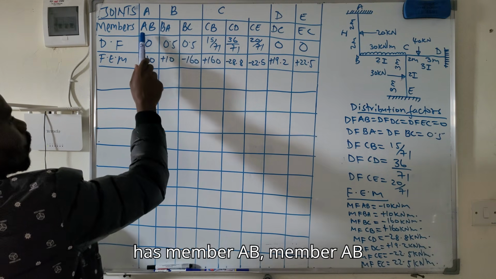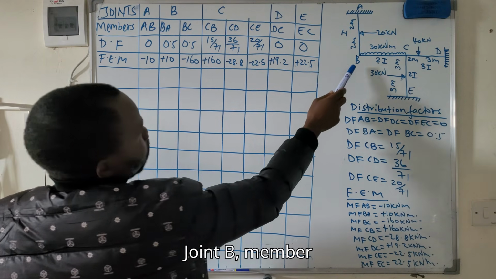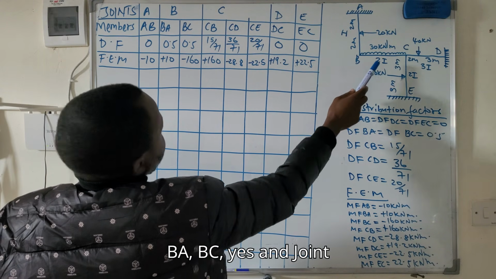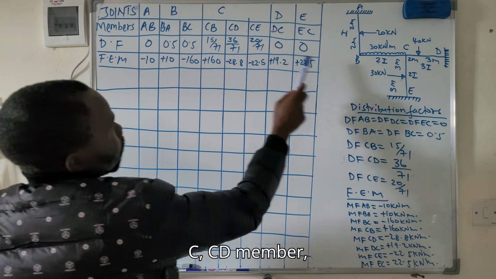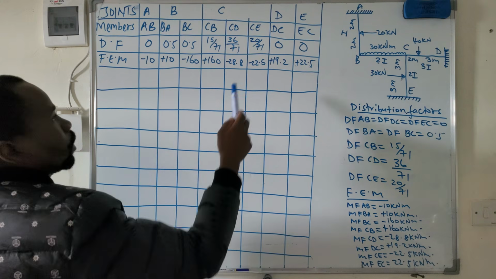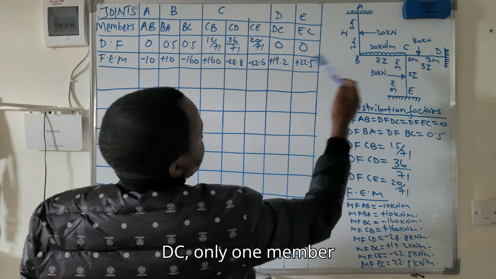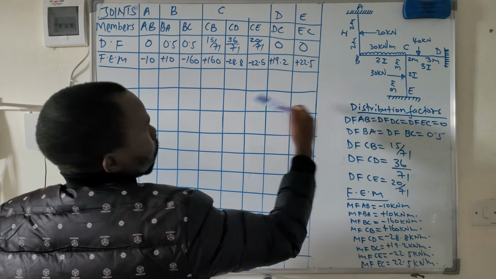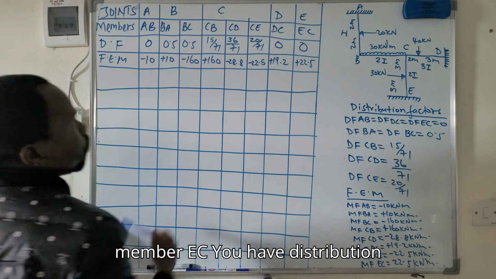Joint A has member AB, joint B has members BA and BC, joint C has members CB, CD, and CE. Joint D has only one member, DC, and joint E has member EC.